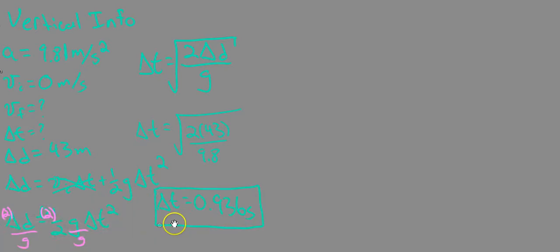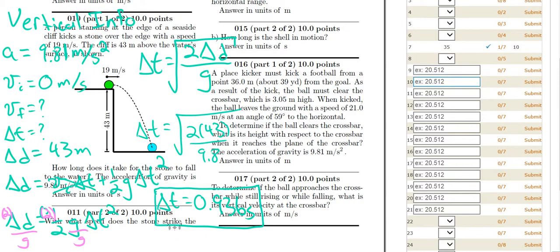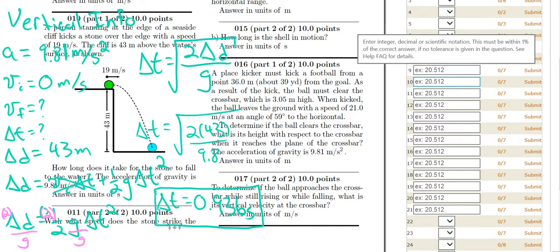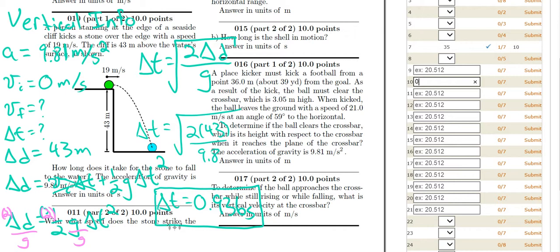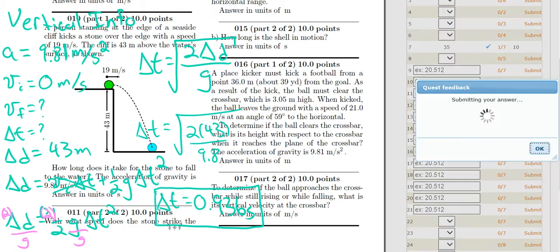So let's try that one out. Let's see, this was number 10. 0.936 and submit. And just wait while it's thinking there.